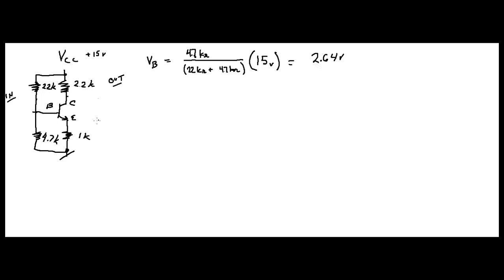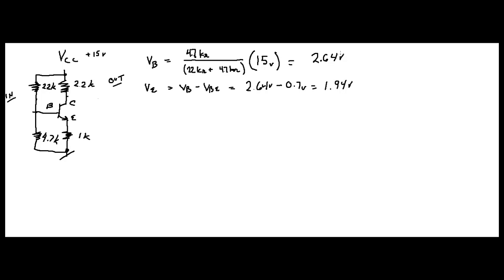So we know what VB is. Now, what's the next thing? What is VE equal to? VE is going to be equal to VB minus VBE, which is going to be equal to 2.64 volts minus 0.7 volts, which is 1.94 volts.